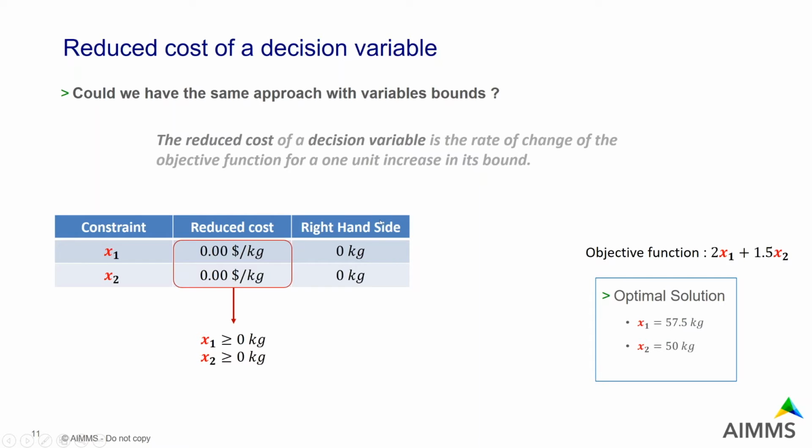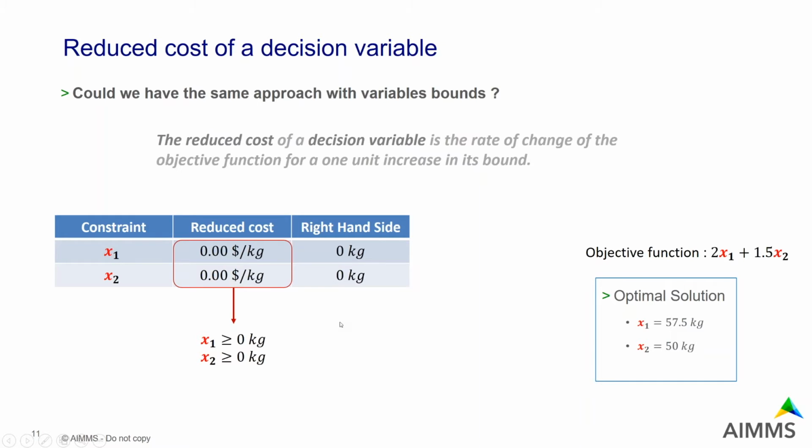In our small model, the reduced cost is 0 because the two variables are not at one of their bounds. One of their bounds is 0 or plus infinite. So we do not have any reduced cost. If one of those variables were at one of their bounds, the 0 bound for example, we would see the reduced cost appear.